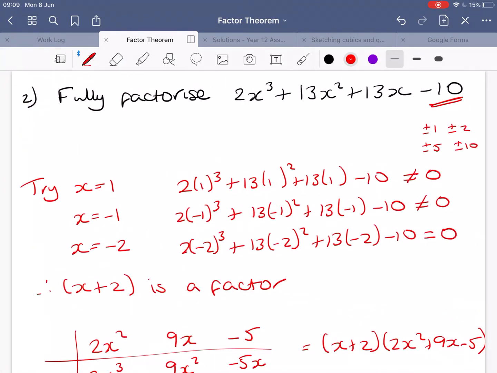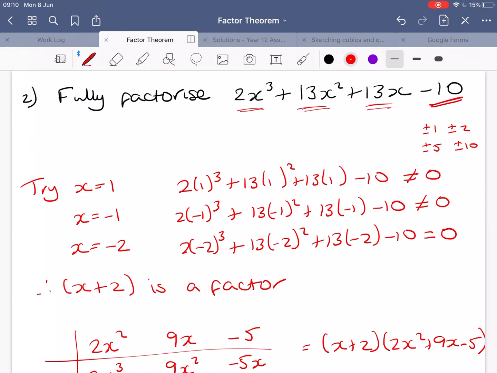Second question didn't give you a start point, but you know you're going to have plus or minus 1, plus or minus 2, plus or minus 5, or plus or minus 10 as one of your answers. So again, I always start with 1 and minus 1. I think the clue here is if these are quite positive, your factor's probably going to be a negative number, because this is going to be a big number plus a big number plus a big number, take away 10.